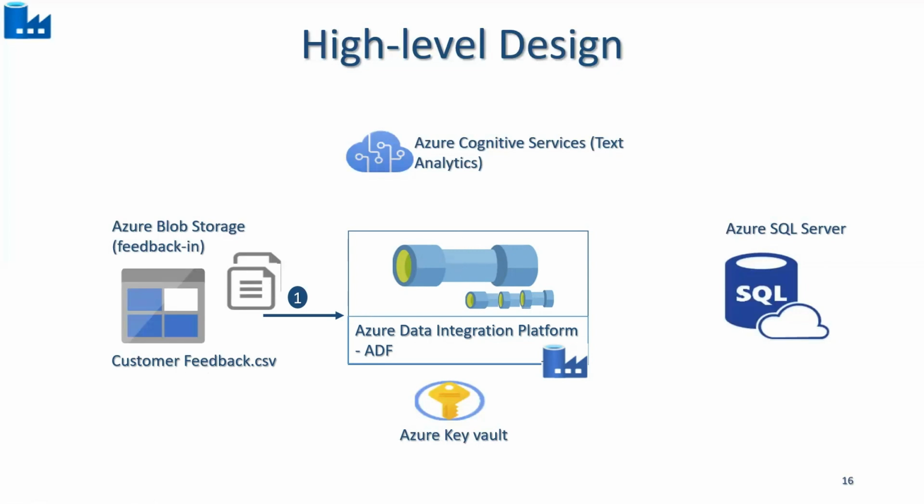The for each loop calls the Azure Cognitive Service for each record. It applies sentiment on a record and it's written back into Azure Data Factory. That loop will continue until it's finished, at the end of the file. And finally, we will do some transformation as well, and then we store the result into an Azure SQL database.